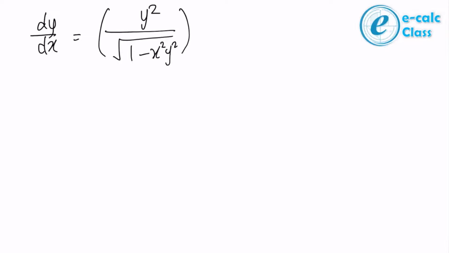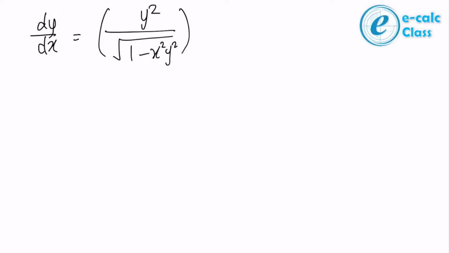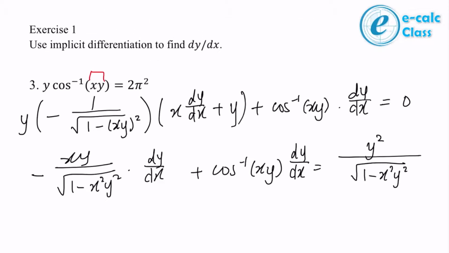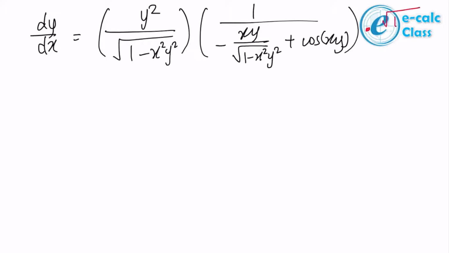Be very careful, yeah? You factor out dy/dx, so it's 1 over whatever you have here, which is negative xy over square root of 1 minus x squared y squared plus cos inverse xy. Okay, and now what? You need to simplify. Not simplify, like you need to get rid of the layering. Like I always said, you get rid of the layering.